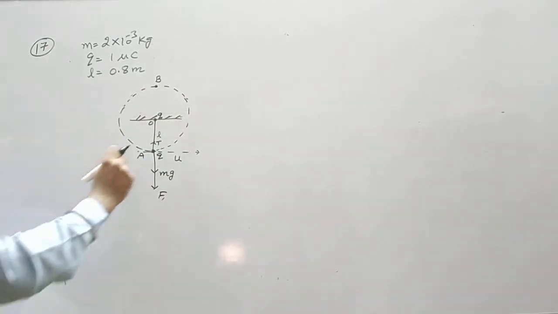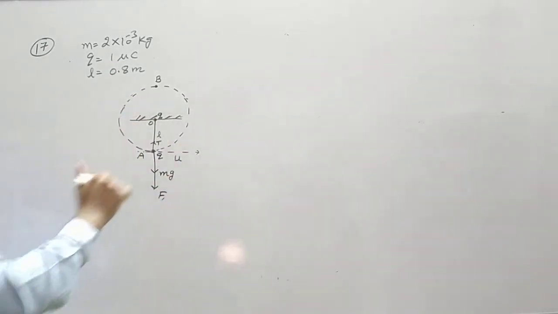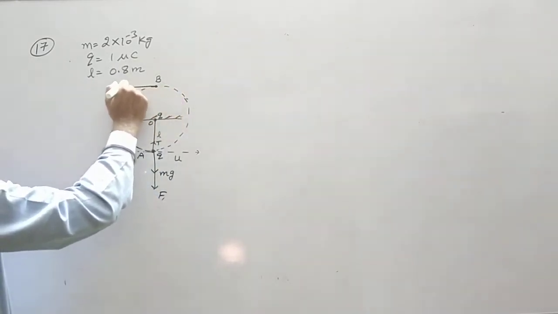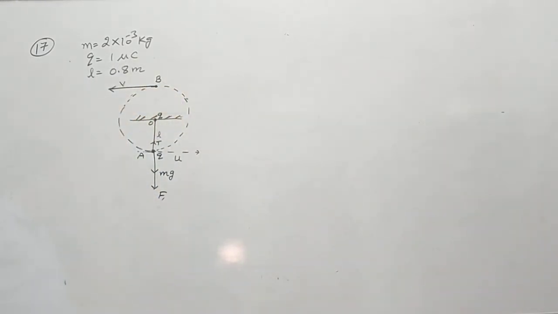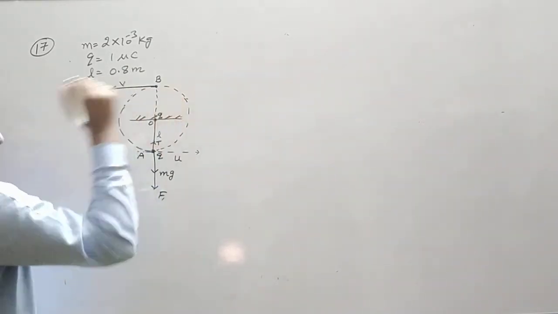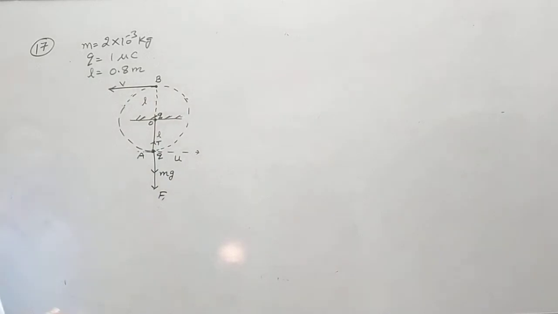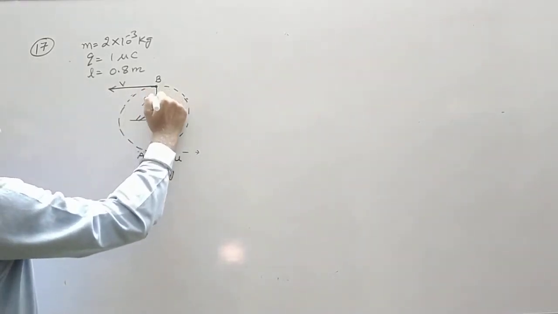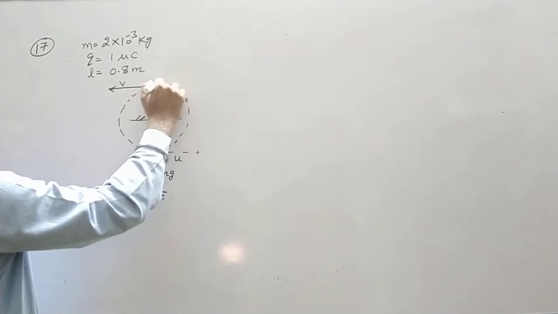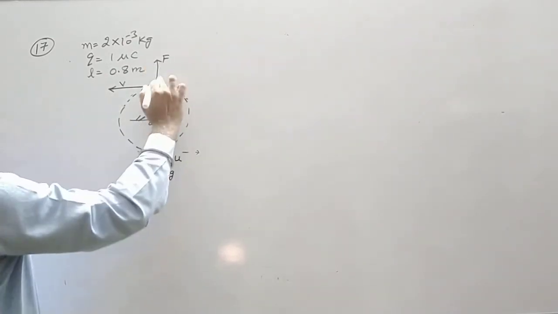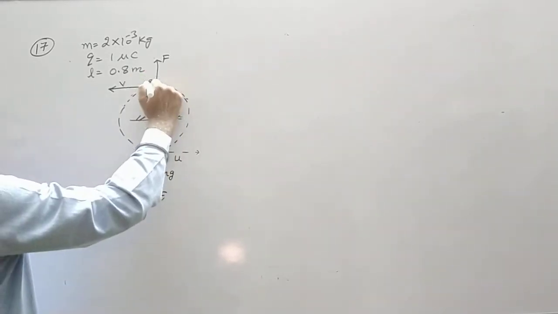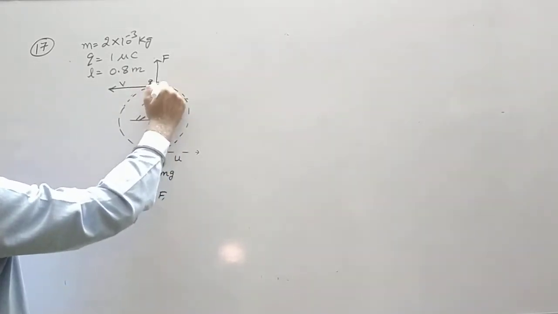Now when it is given some velocity, say U, it comes to the topmost position. Let the velocity at this point be V. Then this distance is L only. Mg is downward. Then there will be a force of repulsion in the upward direction, both being positive charges. Now assume that this is our source. We have to deal with this charge, that is our test charge, say.